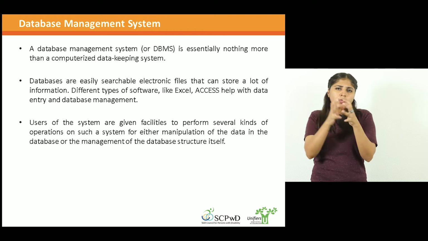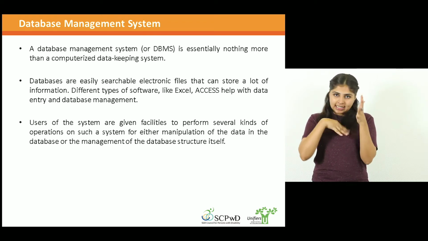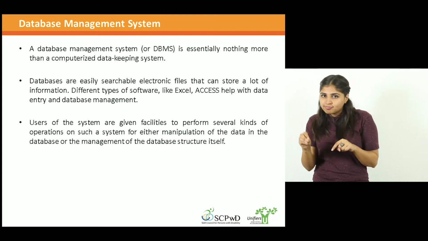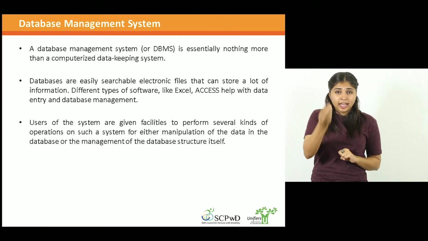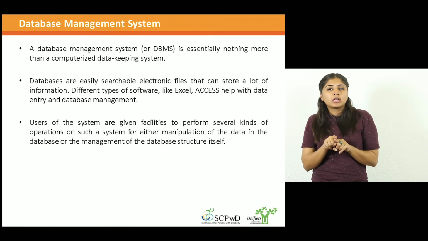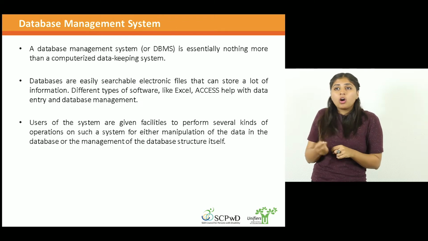Different types of software like Excel and Access help with data entry and database management. Users of the system are given facilities to perform several kinds of operations, either for manipulation of the data in the database or the management of the database structure itself.